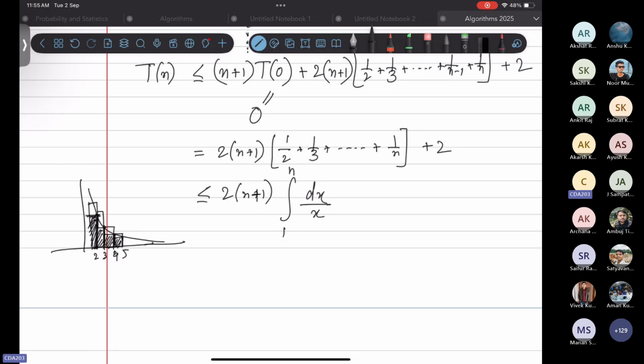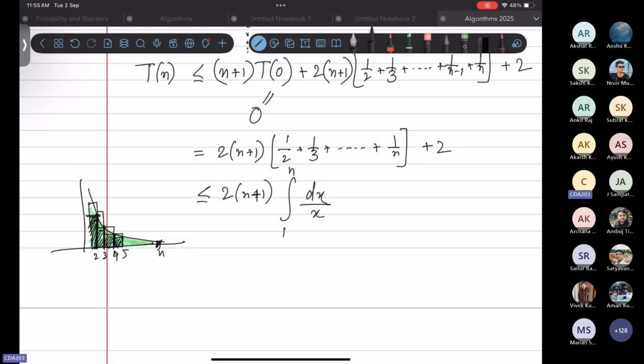And the range here, we're assuming it from 1 to n. So somewhere down the line, I'll have n here. So if I integrate it over, then I'll get a certain area under this curve. So that is obviously an upper bound of this shaded region, right? So that's why I can write this.